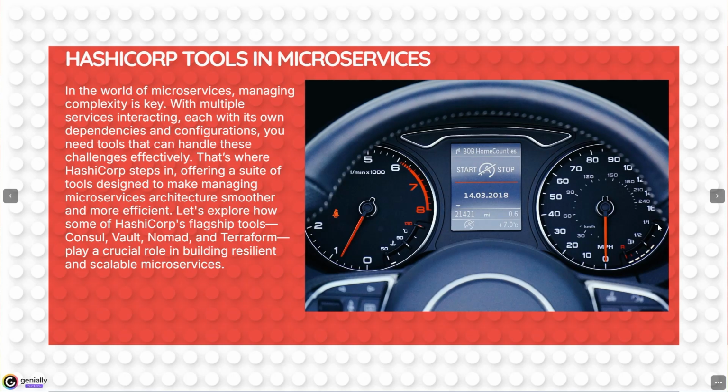That's where HashiCorp steps in, offering a suite of tools designed to make managing microservices architecture smoother and more efficient. So let's explore how some of HashiCorp's flagship tools, such as Consul, Vault, Nomad, and Terraform, play a crucial role in building resilient and scalable microservices.